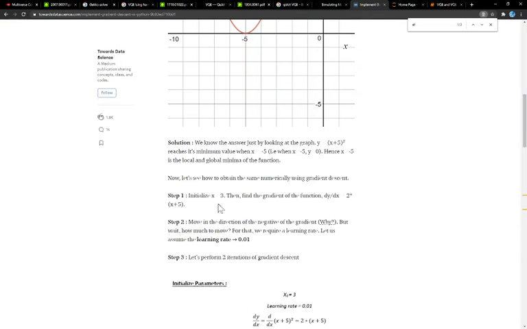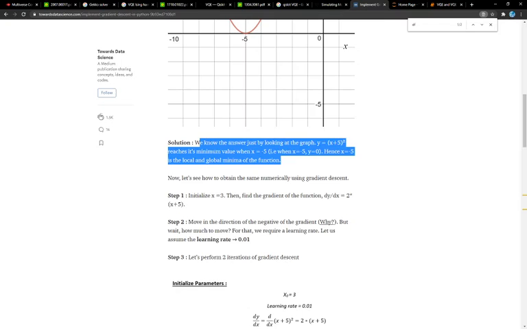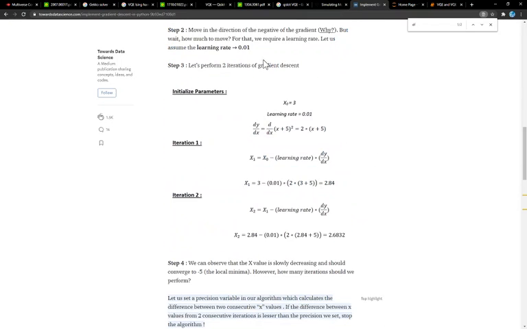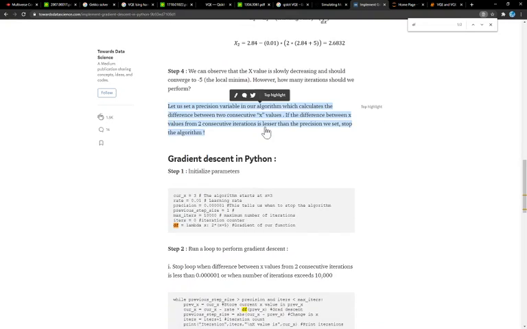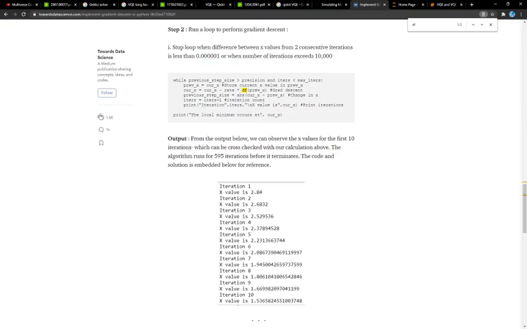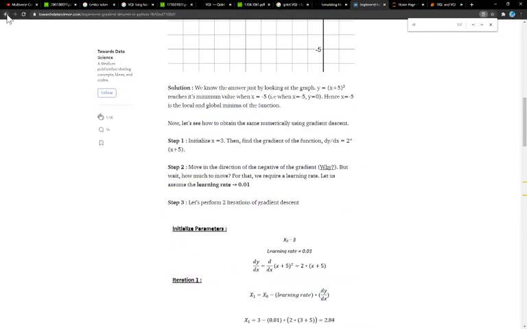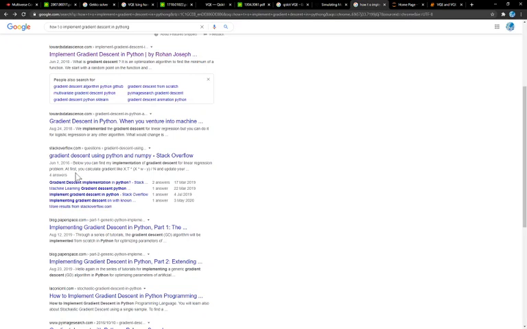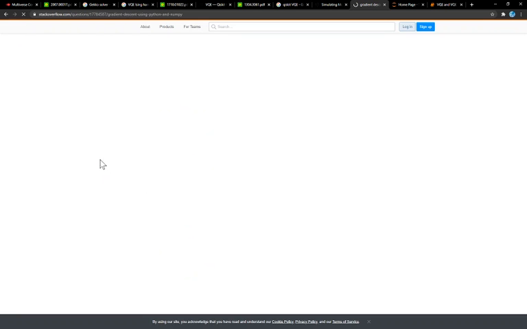I don't like that because they just do that manually. That's not what I want to know. Python and NumPy.